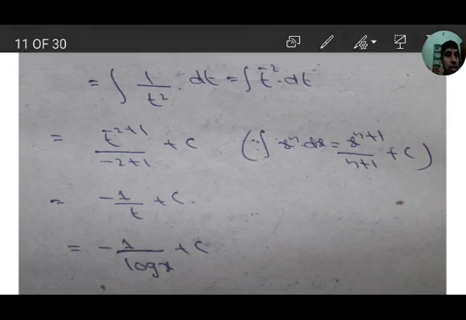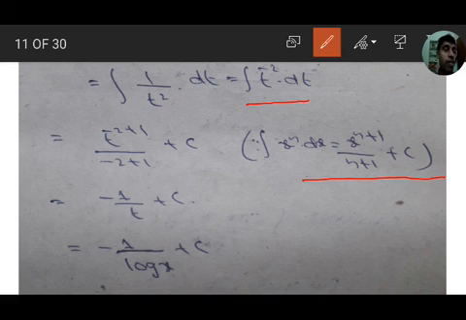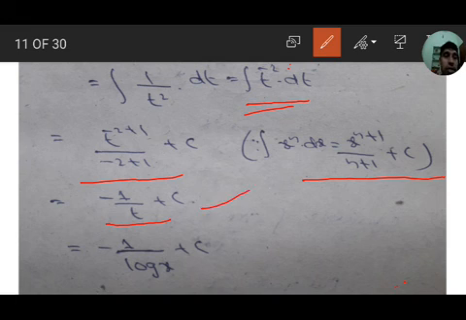The integration of x to the power of n formula is x to the power of n plus 1 by n plus 1 plus c. Here the variable is t and n equals -2, therefore t to the power of -2 plus 1 by -2 plus 1 plus c, that is t to the power of -1 by -1, that is -1 by t plus c.